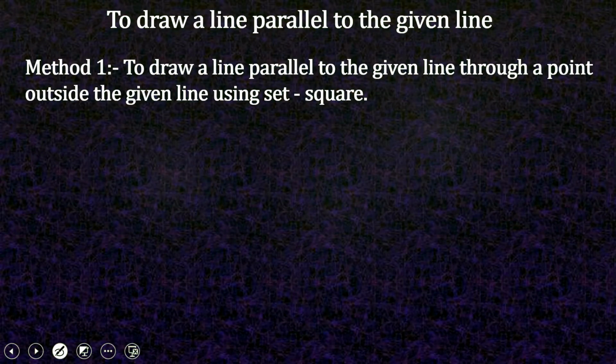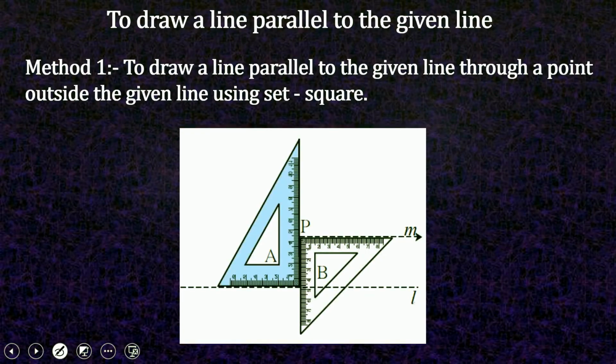So first step is draw a line L. Next step is take a point P outside the line L. As shown, place two set squares touching each other. Hold set squares A and B. One edge of set square A is close to point P. Draw a line along the edge of B.